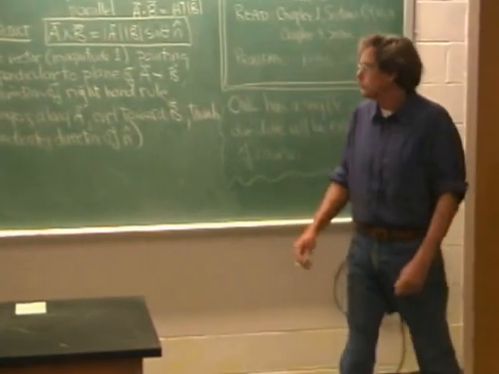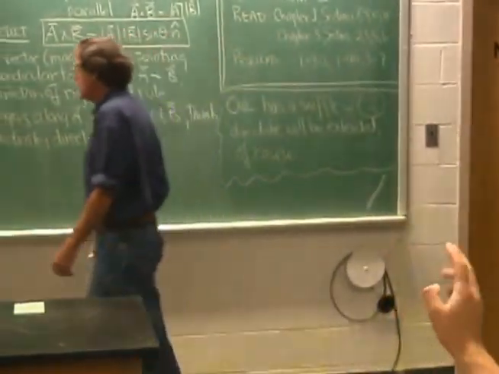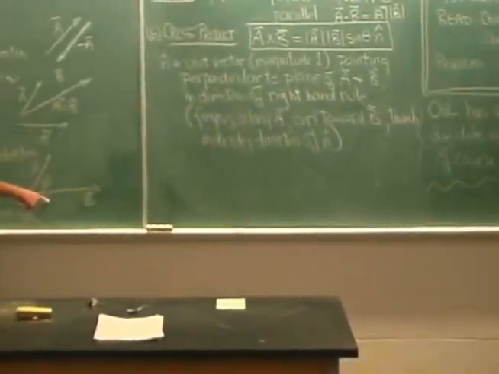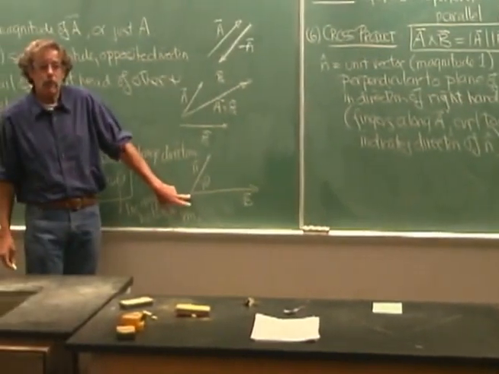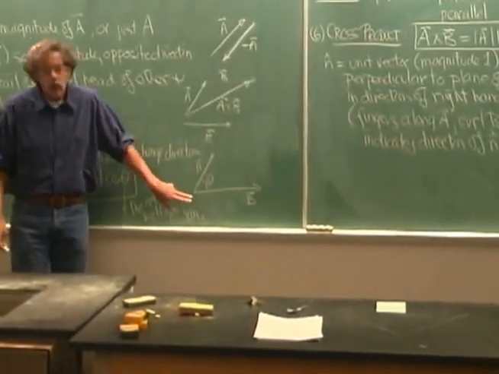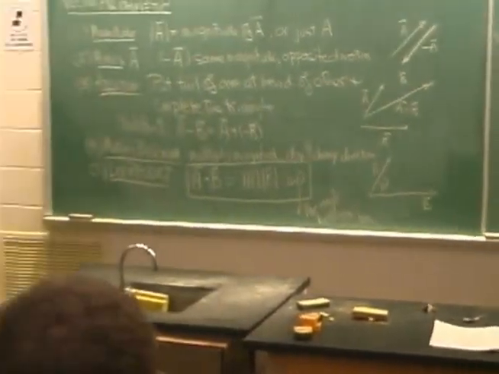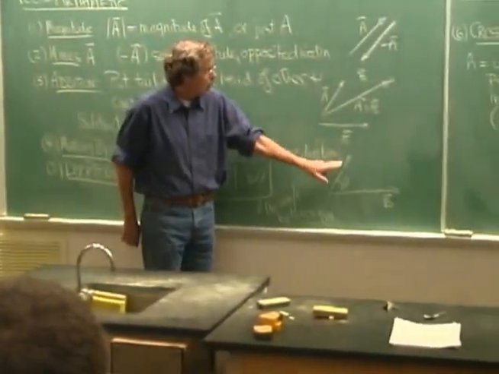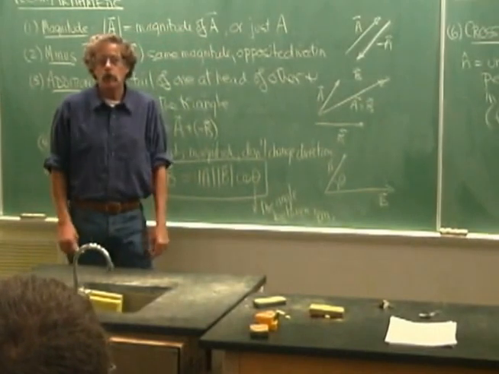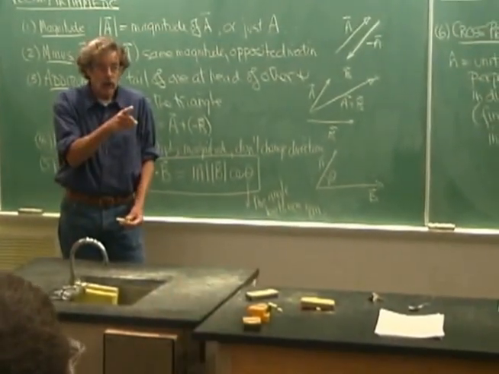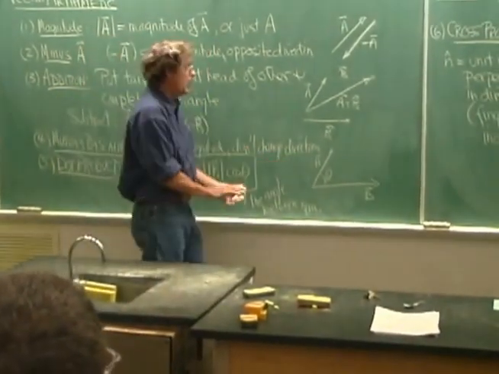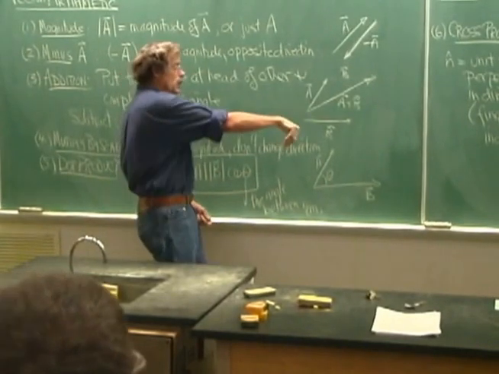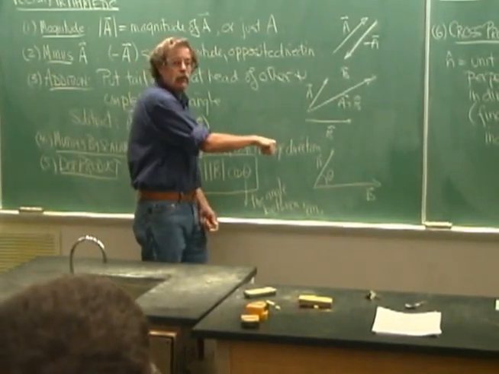So, for these two, A and B. Suppose that A and B are both in the blackboard. You tell me, what direction does the cross product A cross B point for these two vectors here, lying in the plane of the blackboard? Into the board. Very good. A cross B. Stick your fingers in the direction of A, curl them toward B, thumb points into the board.